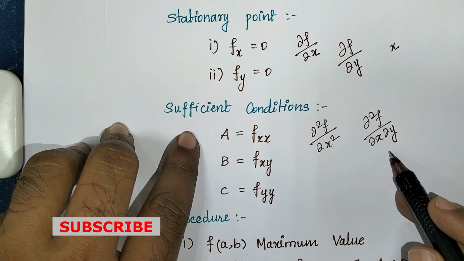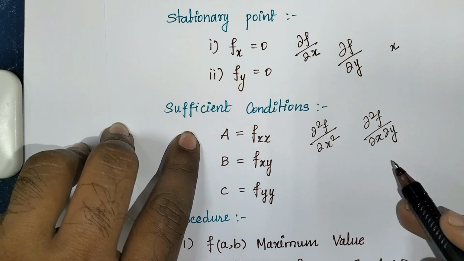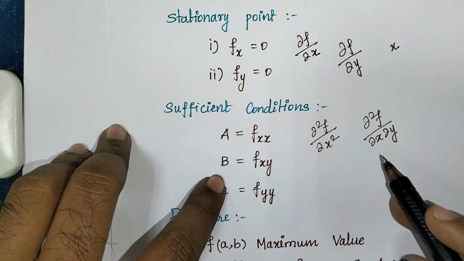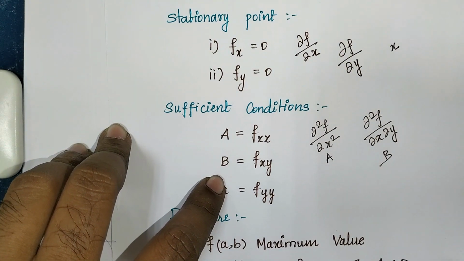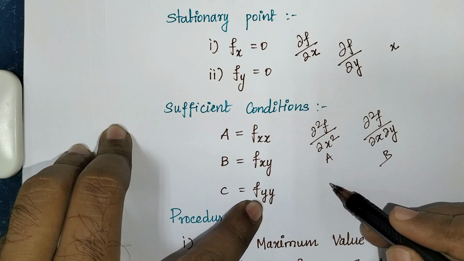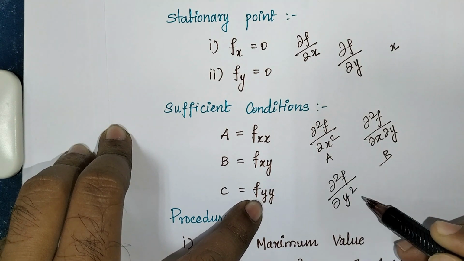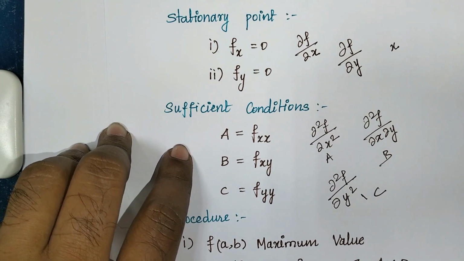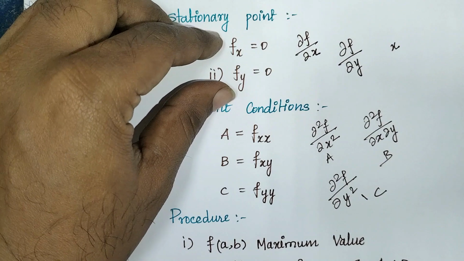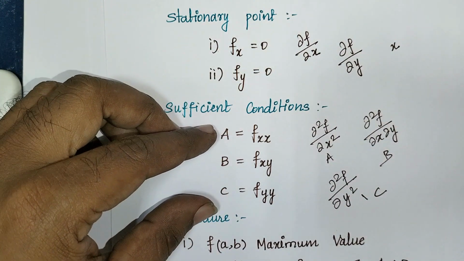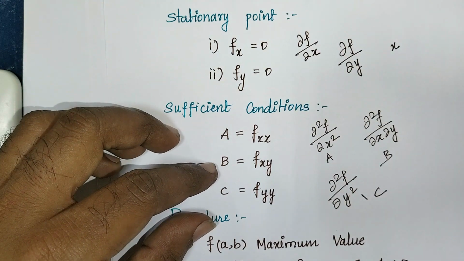So this is also a second derivative. fxy is represented in the form of dou square f divided by dou x dou y. This is called A and this is called B. And C is f double y, the second derivative dou square f divided by dou y square, which is called C. fx and fy represent the first derivative, and these three represent the second derivative. If you know these first and second derivatives, we can do the problem easily.